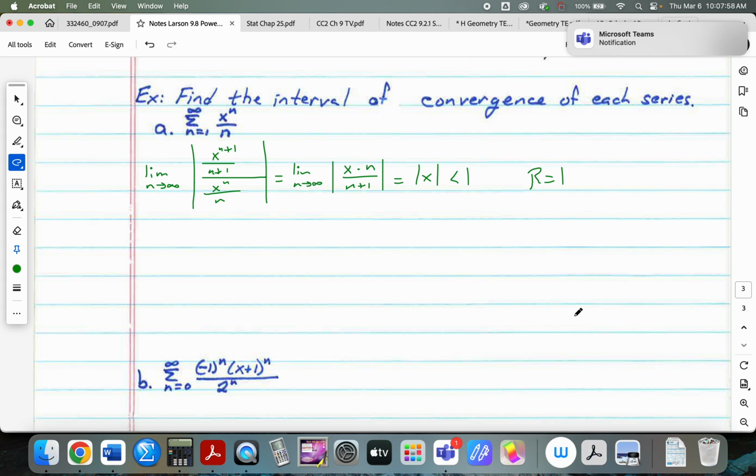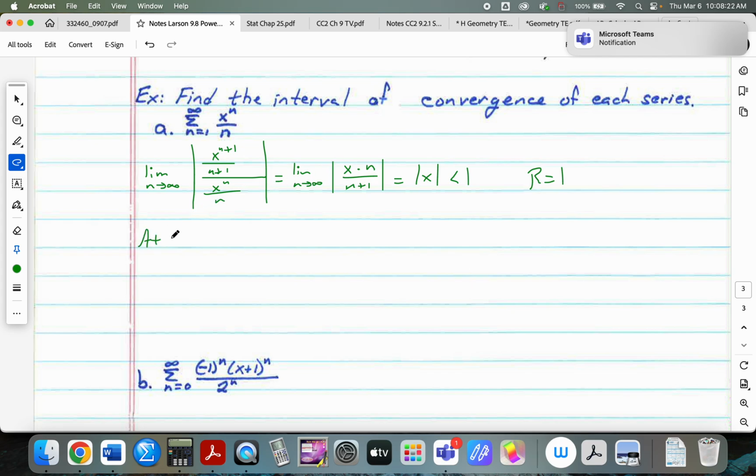So that means we need to check and see what happens at the endpoints of the interval. We know at this point that it converges anywhere between x is negative 1 and x is positive 1, because we're centered at 0 with a radius of 1.